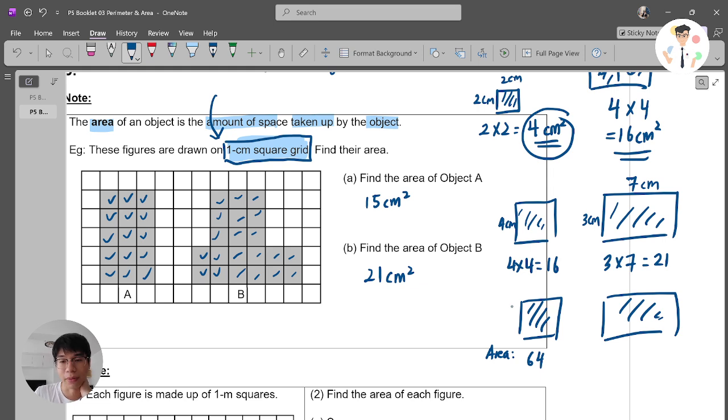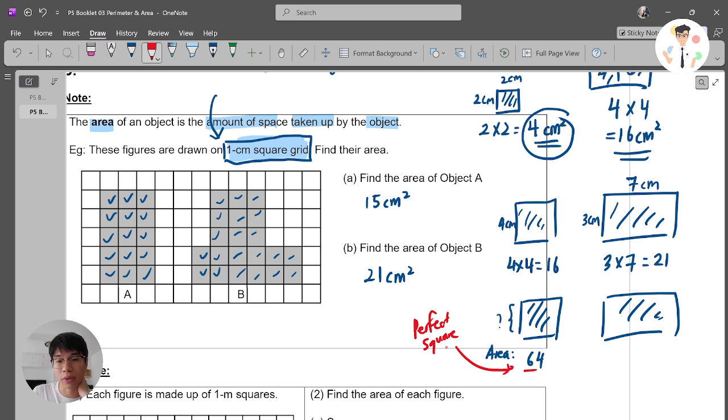How would you be able to find what is the side here? Again, if you don't know this, please remember this. This 64 is actually a perfect square. Why? Because it is a number multiplying itself to get that number. That's why it's called a perfect square.